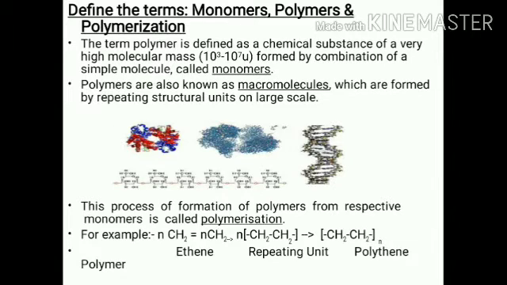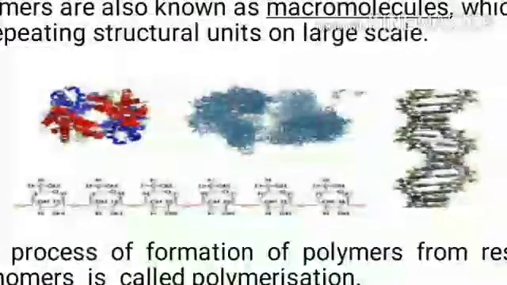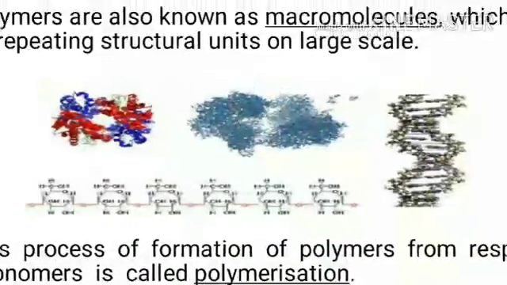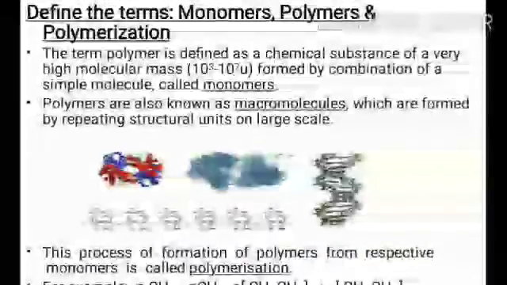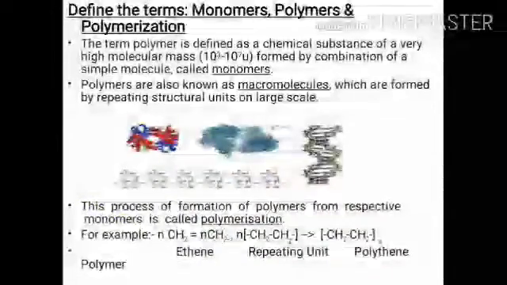Look at the pictorial diagram, which shows a polymer formed of so many monomer units. The process of formation of polymers is known as polymerization. So this is the diagram of the polymer, and the formation of the polymer is called polymerization.